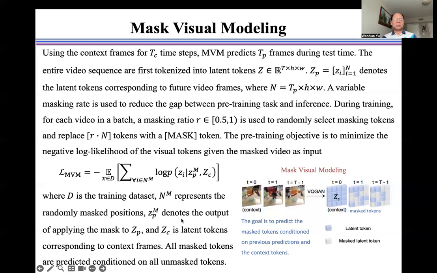ZPM denotes the output of applying the mask to ZP, and ZC is the latent tokens corresponding to the context frames. All masked tokens are predicted conditioned on all unmasked tokens. As shown here, this masked visual modeling, this input video, this encoder, and this context tokens, this partially masked tokens.